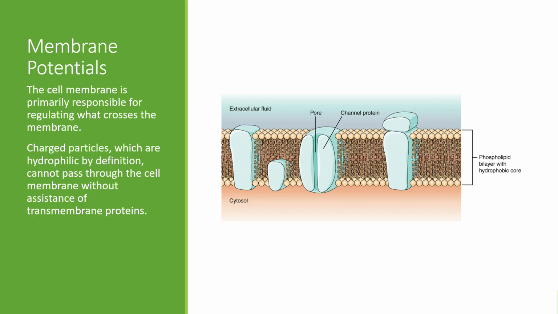You saw that all over chapter 3 when you were learning about how things move from one side of the membrane to the other. Charged particles, which are hydrophilic by nature, cannot pass through the cell membrane without some type of assistance by the transmembrane proteins. And you learned about channel proteins and carrier proteins in a previous chapter.